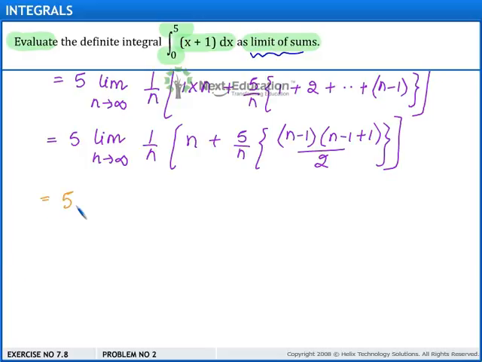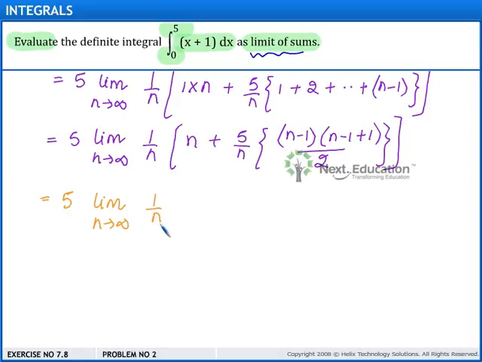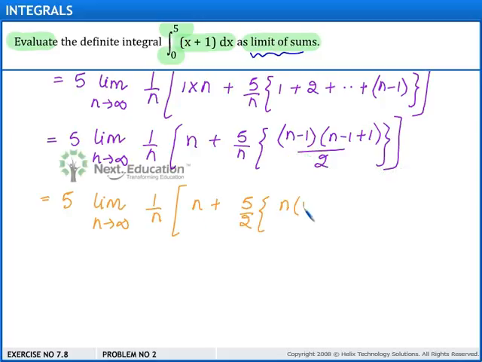This is equal to 5 into the limit as n approaches infinity of 1 upon n into n plus 5 upon 2 into n into (n minus 1) divided by n.